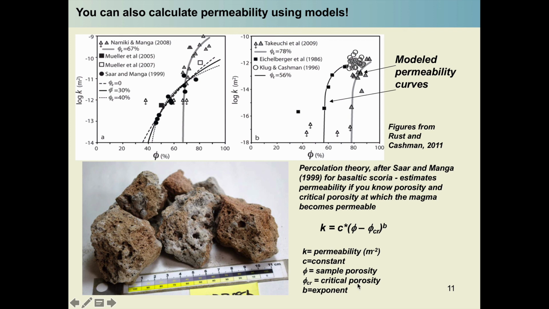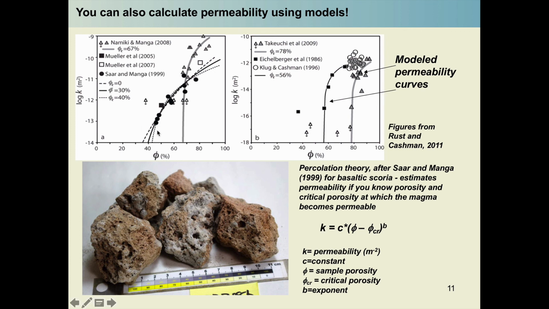So basically what you want to do is play around with different critical porosities, different constants, and different exponents until you can get a match between your observed sample porosity and a permeability curve that fits through it really nicely, as shown here in this plot.